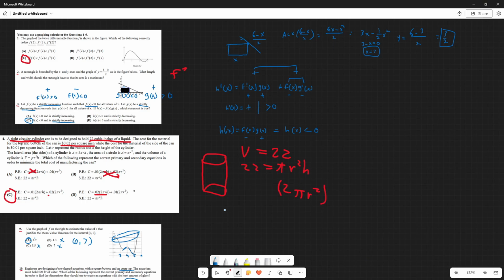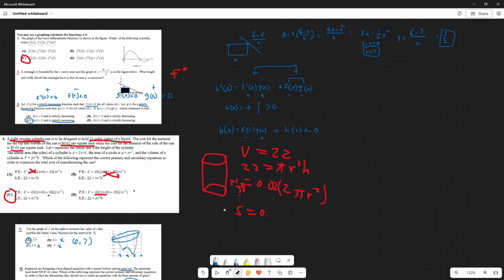Alright. So, for each area, we need to pay 0.02 dollars or 2 cents. So this is top and bottom, T and B. And so let's calculate the cost of the side, which for each area, we gotta pay 1 cent.